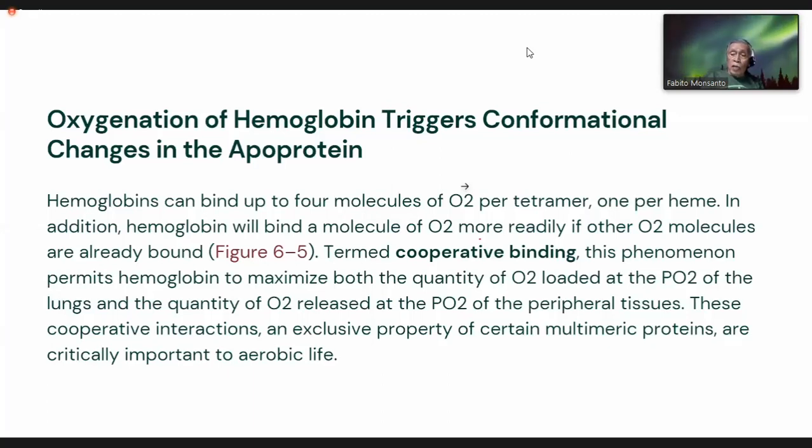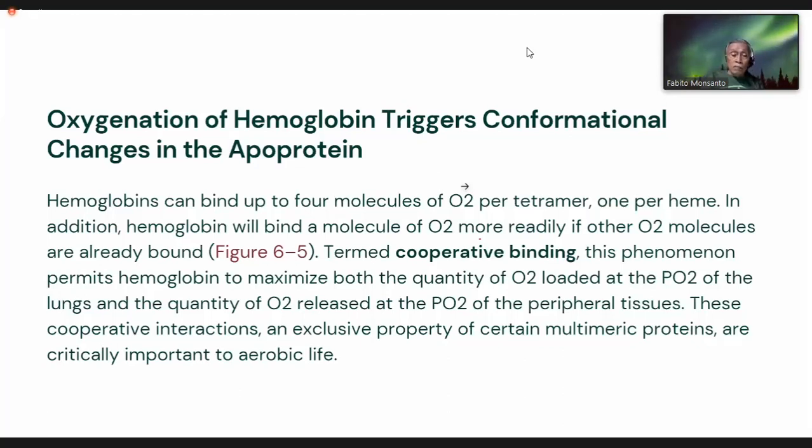Which part of the body has a higher concentration of oxygen? It's only in the lungs. So therefore, that hemoglobin has to go to the lungs in order that the hemoglobin can carry the oxygen.